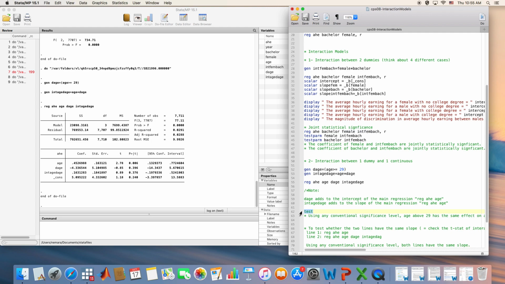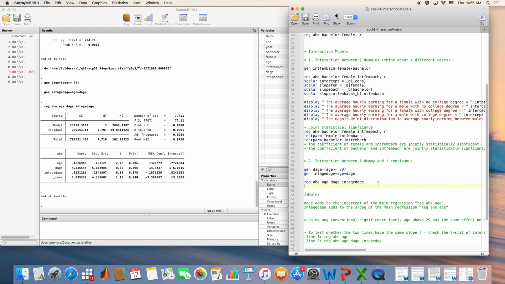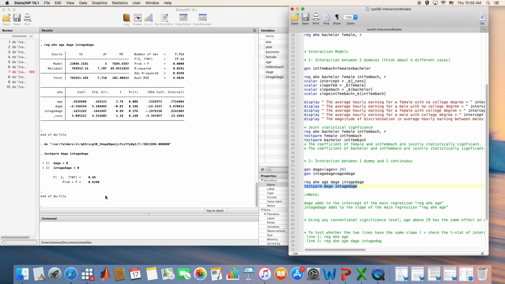Okay, let me add it here so that I have all the green comments together. So test PARM of the last two parts. I already can see that they are separately insignificant, so that's why I was able to conclude that they are definitely jointly insignificant. So as you can see, there is a very high probability that these are equal to 0.